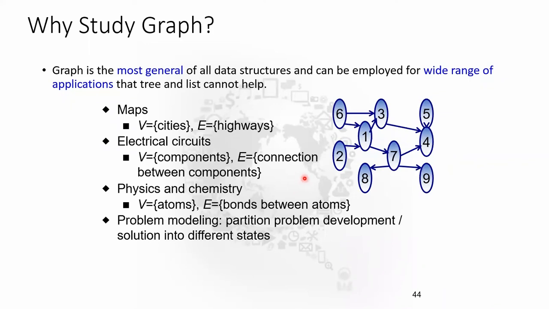These are the applications: maps, electrical circuits, connections between components, physics and chemistry, bonds between atoms, and problem modeling, partial problem development, solutions into different states. Later, in the last slides, I'm going to share what kinds of applications we can use to implement trees, graphs, and the rest.